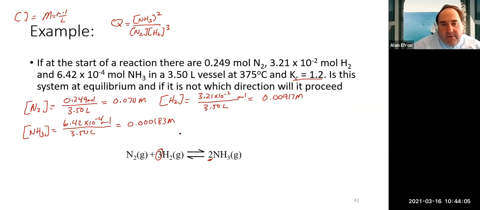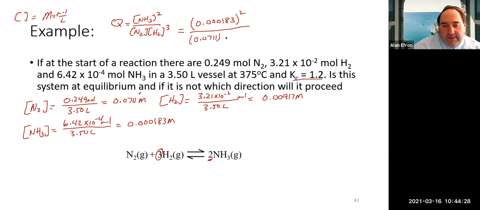At this point, we would go into our Q expression and put our numbers in. So our NH3, let me grab the right number here. It is 0.000183. Again, we're going to square it. We're going to divide it by our N2, which is this guy right there. That's going to be 0.0711.